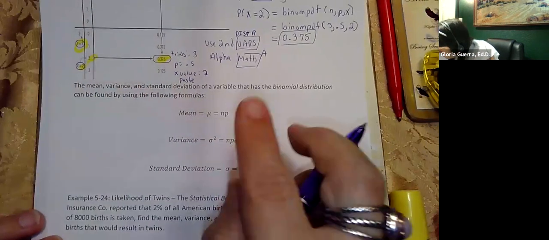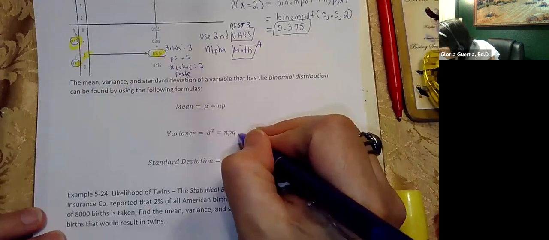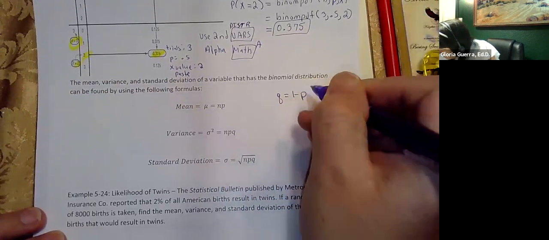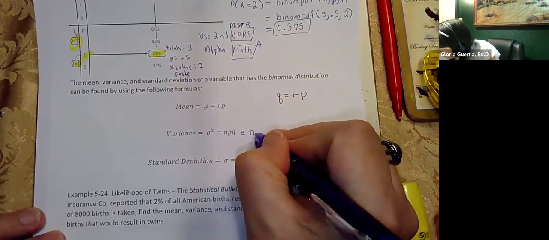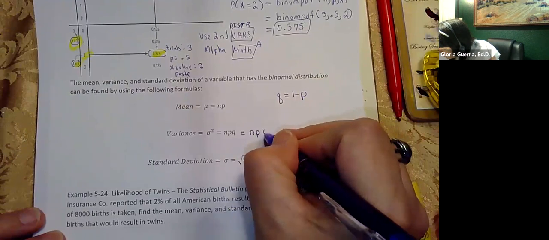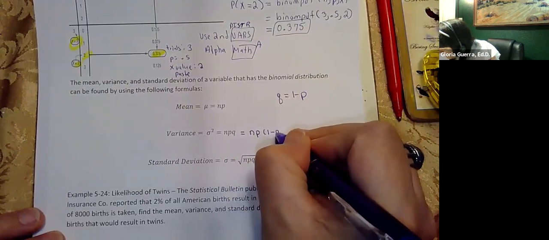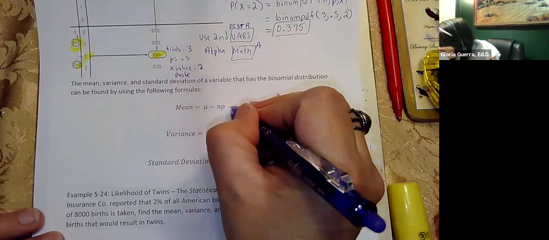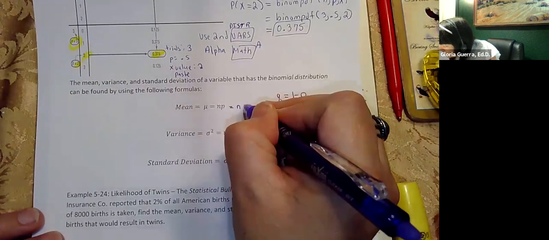So Q, like right here, Q is the value 1 minus P. So really this is N times P times Q, and Q is 1 minus P. Same thing here, N times P. Oh no, that's fine. That's Q. I'm sorry.